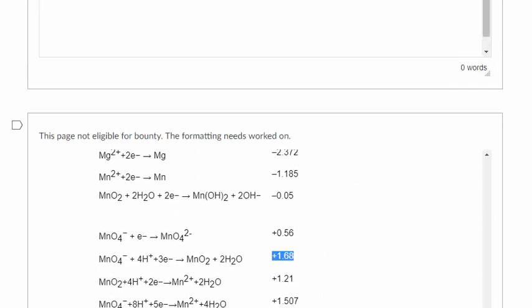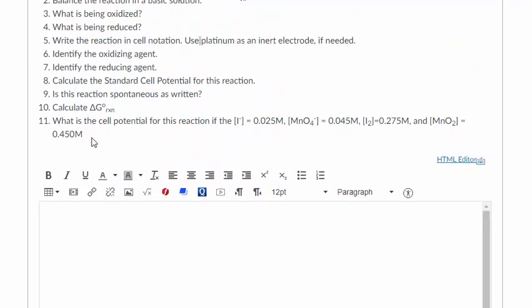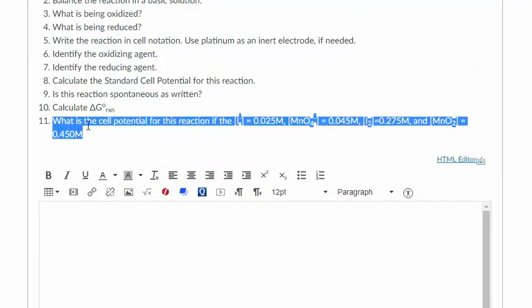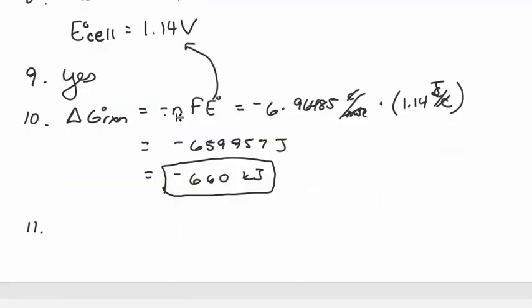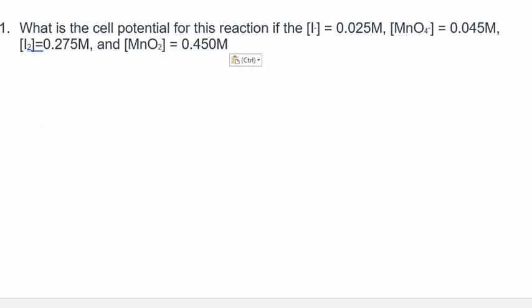So given these conditions, what is the cell potential if those concentrations were available? So I'm going to put that information here. Now we still need some of the other information that we had. So in order to calculate the E of this cell, the E of the concentration cell, we need the E naught value, which we calculated.